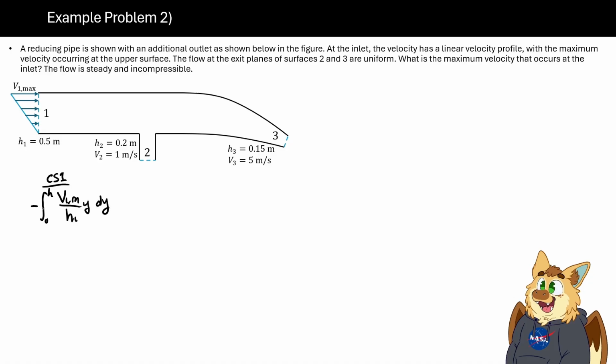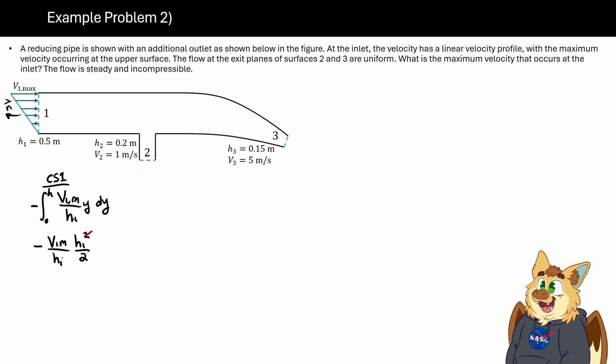And there will be a negative sign out front because if we evaluate the unit normal vector, which is pointing outwards, that would be a negative there. From there, we can evaluate this integral very simply. This would be equal to v1,m over h1 times h1 squared over 2.